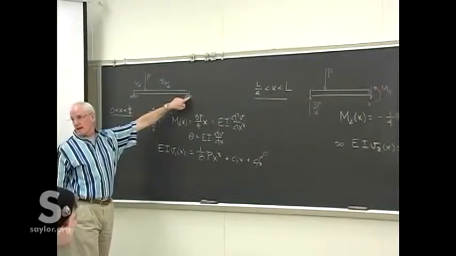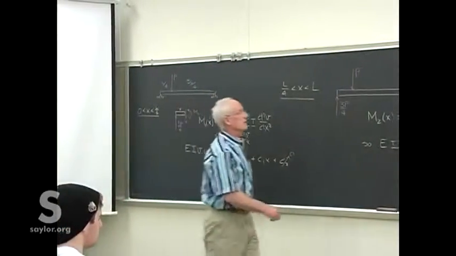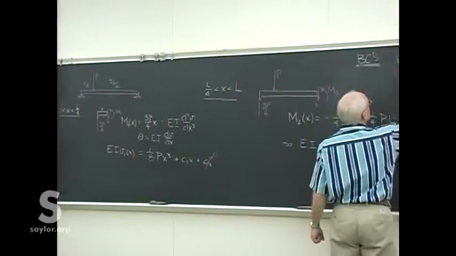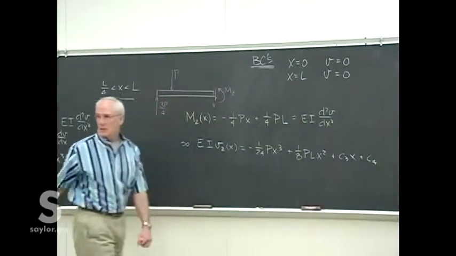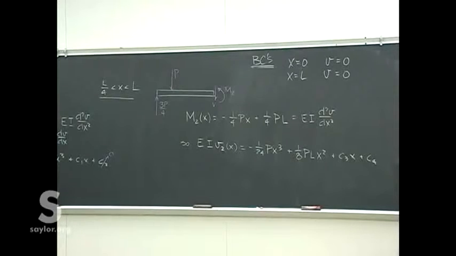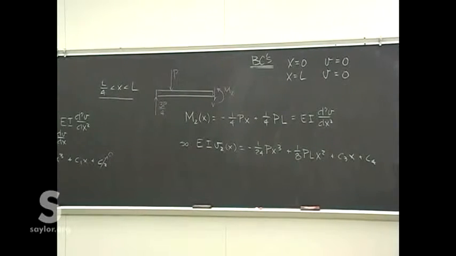At x equals L, v is also 0. So those are the two obvious ones, just due to the supports. Any ideas for the other two boundary conditions we need to solve for the two remaining?